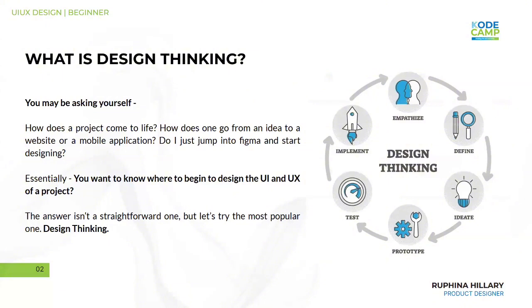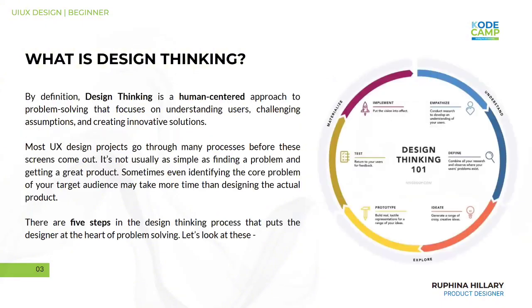So essentially, if you want to know where to begin to design the UI and the UX of the project, design thinking is usually the answer. So now, design thinking is a human-centered approach to problem solving that focuses on understanding users, challenging assumptions, and creating solutions.